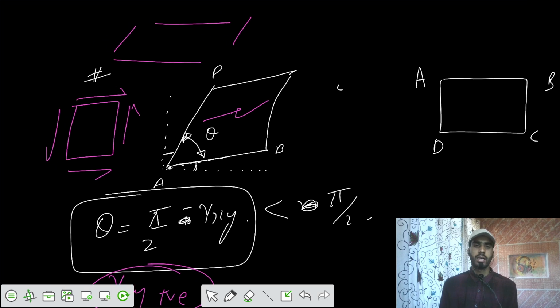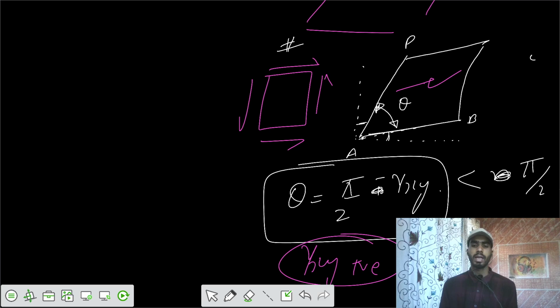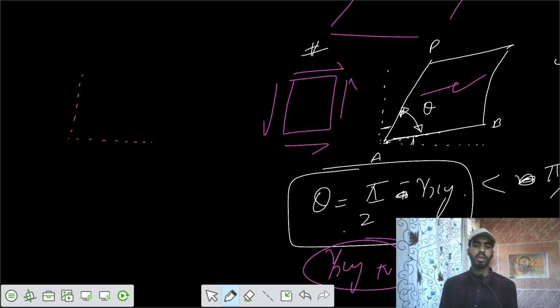And next, if the theta developed was greater than pi by 2, let's say initially the angle between the two axes was 90 degrees, but because of the shear stresses on that stress element, those points A, B, C, D have reached new positions.